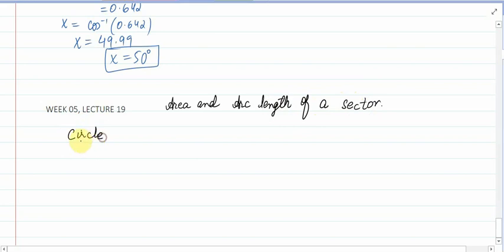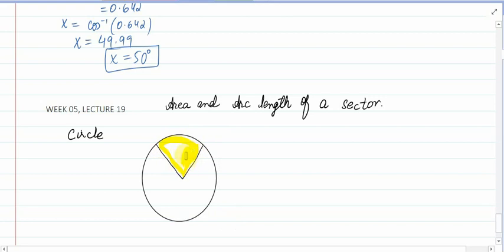Now many of you know that the circle is this shape, right? That is a circle. Fair enough, right? Now in that circle, if I pick one piece like this one, if I pick a single piece like this, now this shape is called a sector.